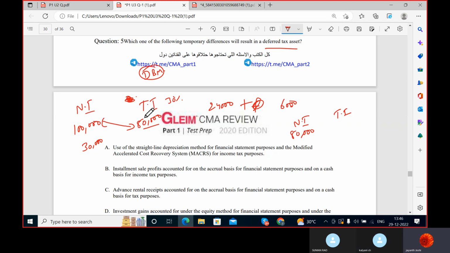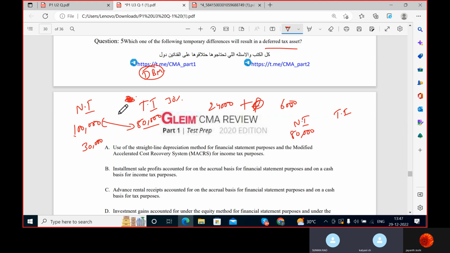In the video, I have given four scenarios because of which the taxable income is less and the financial reports income is more. What if these two are the same? Do you think any difference is going to get created?